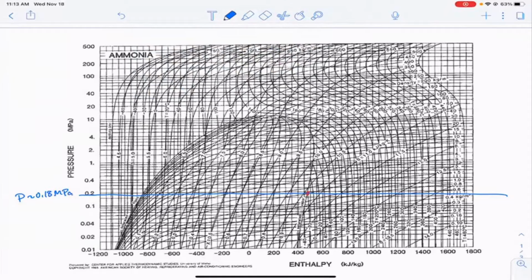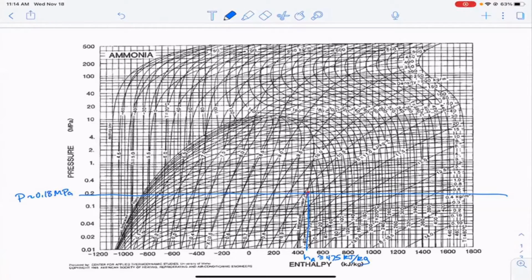And if I go straight down from here, as good as I can, the enthalpy here at state A is approximately 475 kilojoules per kilogram. And one of the things that you'll notice about this diagram is that it's not very well broken up into segments, right?